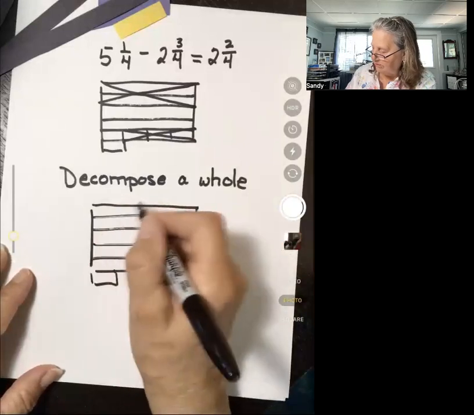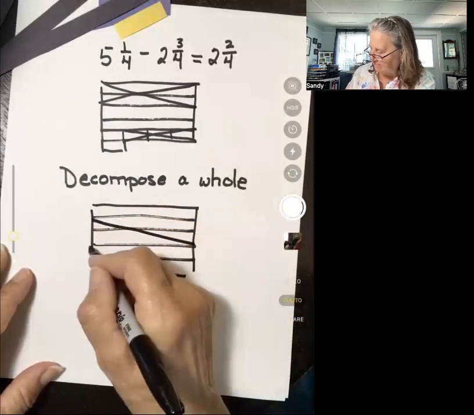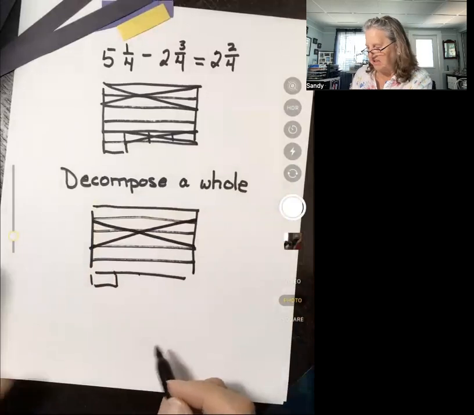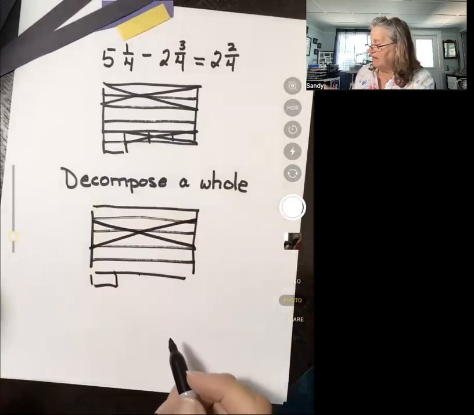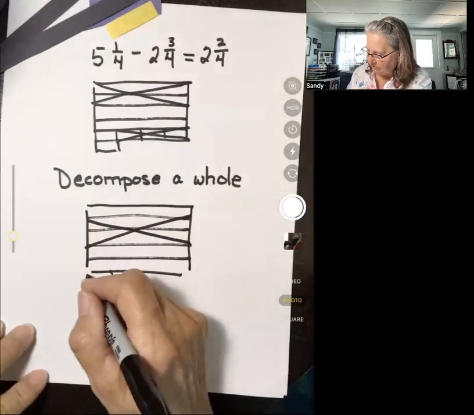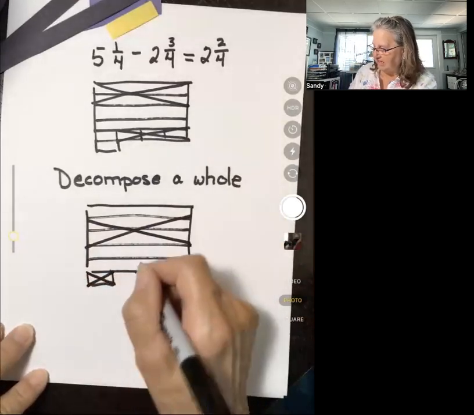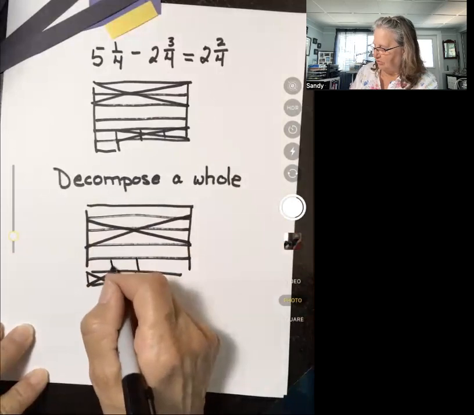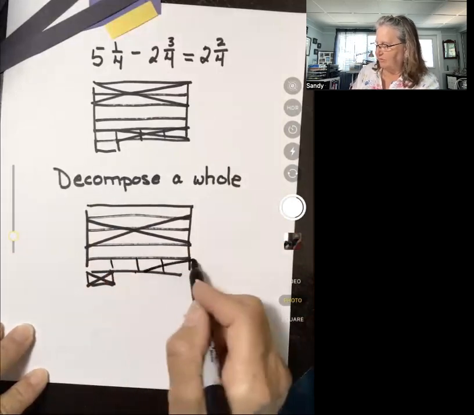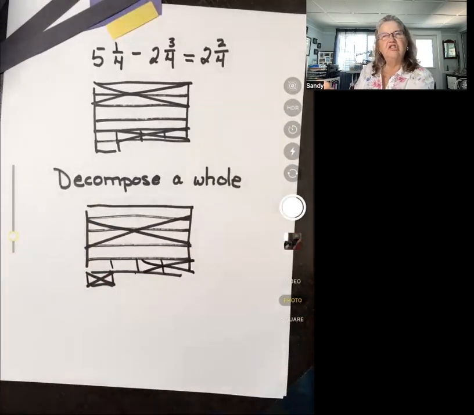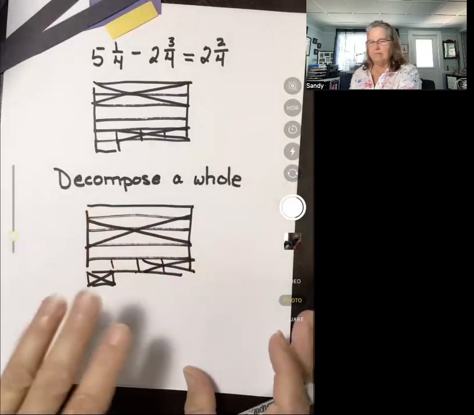I'm going to remove these 2 holes this time. Okay, doesn't matter. And then what they do is they remove this one. And they think about, well, this is 2/4 and this is 2/4, so I remove 2 more 4s. They'll just cut it in different ways, or they'll remove different pieces. All still works for decomposing a whole.